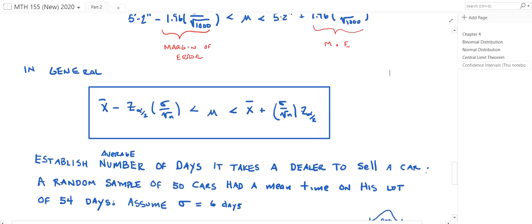So the point estimate here would be 54. But what we want to do is an interval estimate. So first things first, we need some more information, and that is we assume that the population standard deviation for this sort of thing is 6 days.